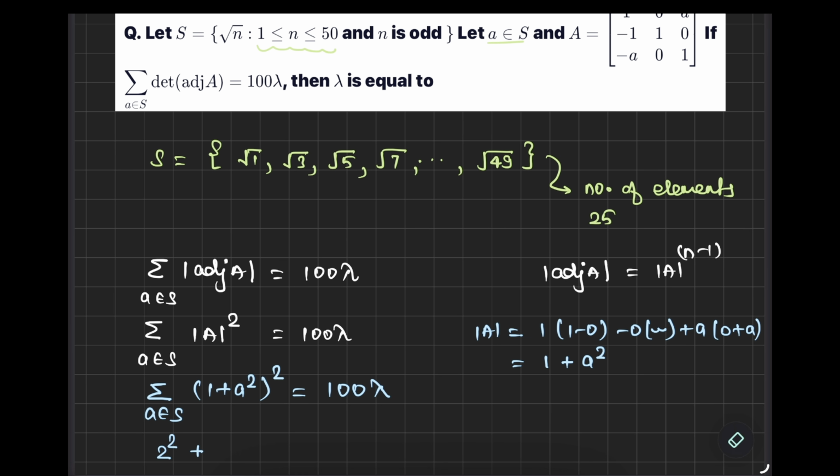So root 3 square will become 3, and 3 plus 1 is 4. Now we have 4 square. Then the next element will be 6 square. The next elements keep on going and we will be left with 49 plus 1, which is 50. So it is 50 square equals 100 lambda.